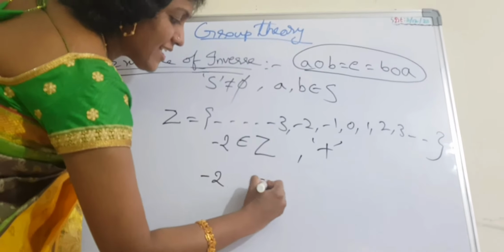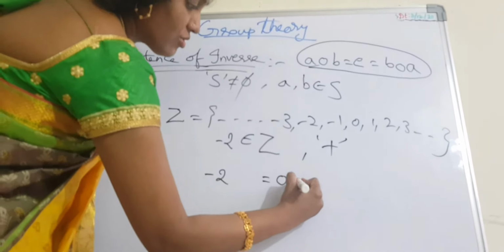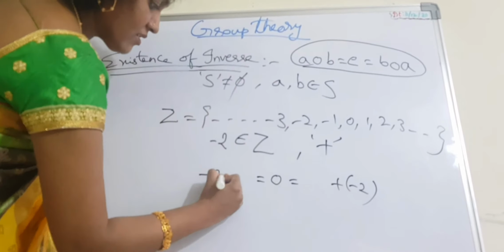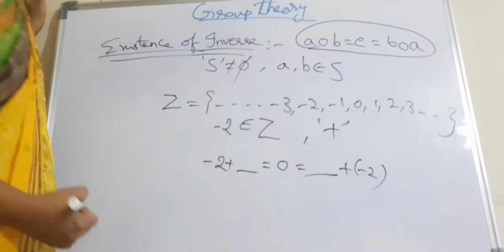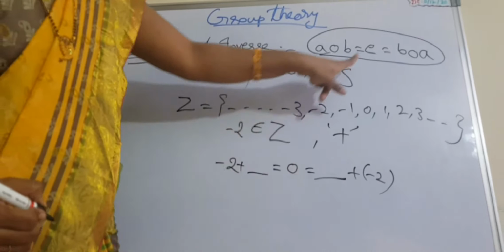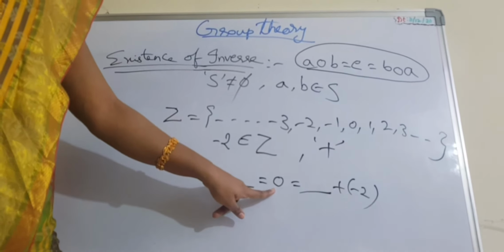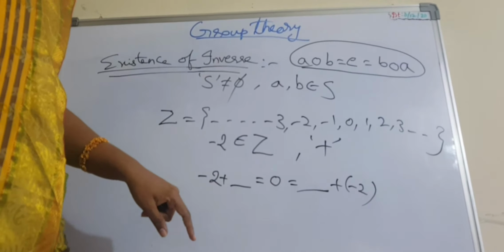For -2, we have to get the identity element. With respect to plus, we know that the identity element is 0. For multiplication, the identity element is 1.